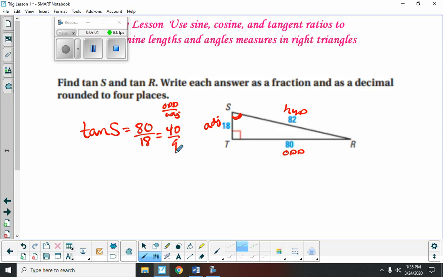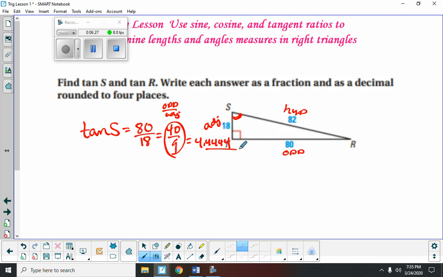And in addition to that, it says to write it as a fraction and a decimal. So that is equal to 40 over 9, which is 40 divided by 9, which is equal to 4.4444. In trig, they go out 4 places, just because that's what is on the chart. And so go out 4 decimal places unless it says otherwise.